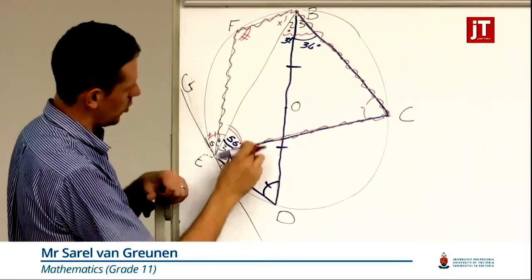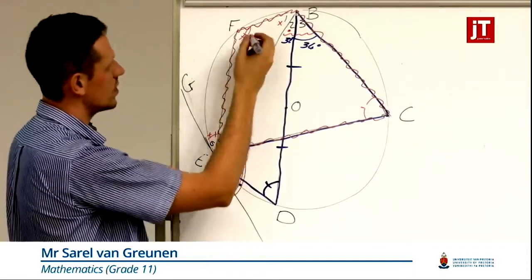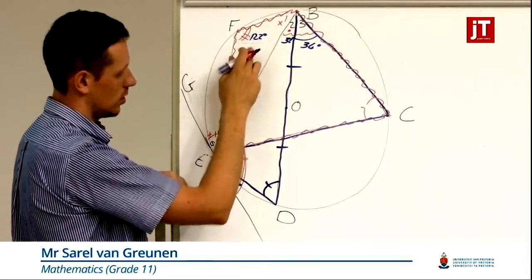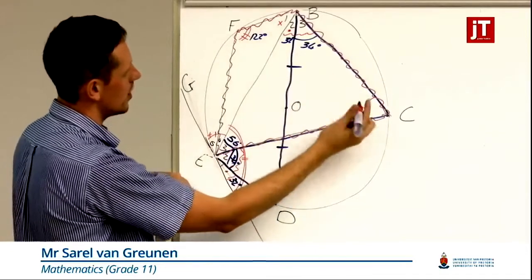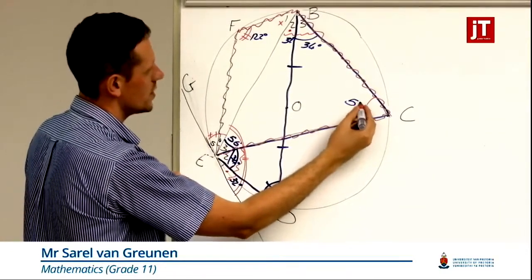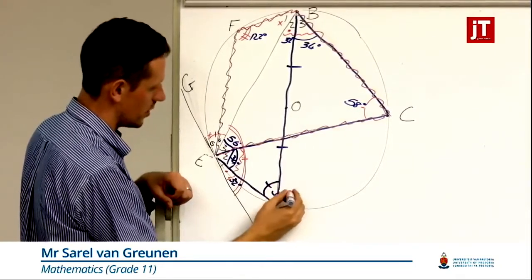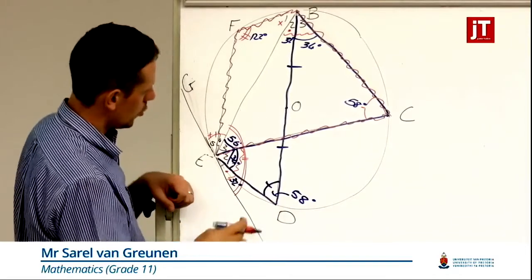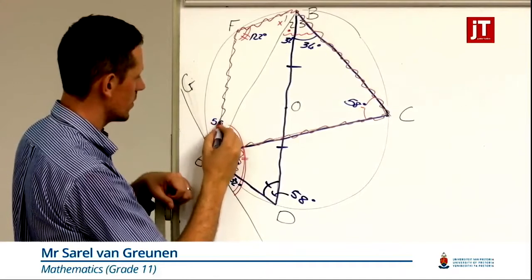If that whole one is 32, 34, 56, 122, because those two are supplementary, 58 degrees. So this one is also 58 degrees, which means these two together are also 58 degrees.